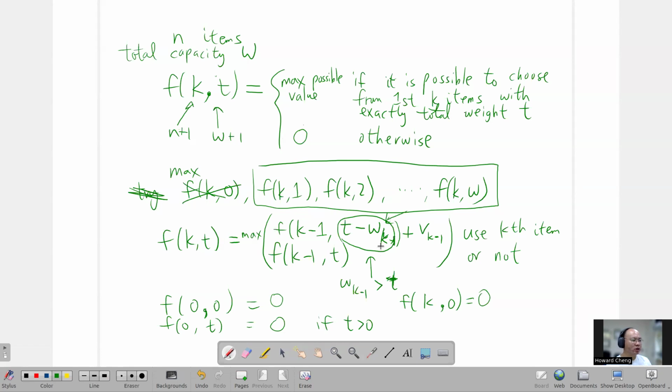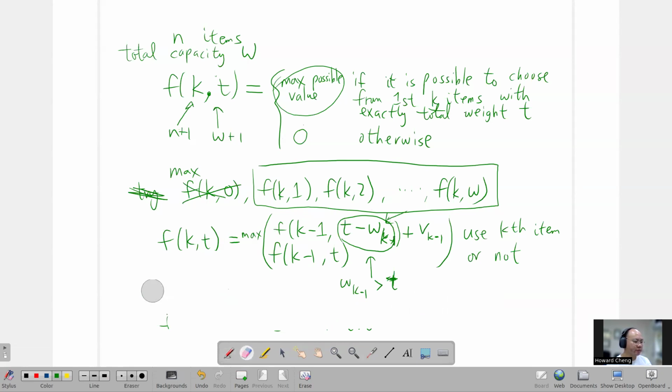Now, what if you actually want to know not only the maximum possible value, but actually tell me which items you used to form this sum? Well, what you do is you can have an auxiliary Boolean solution array that has the same dimension, and whenever you compute this, it's either going to be true or false.